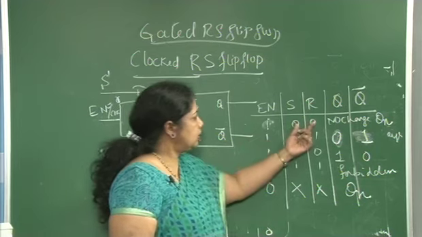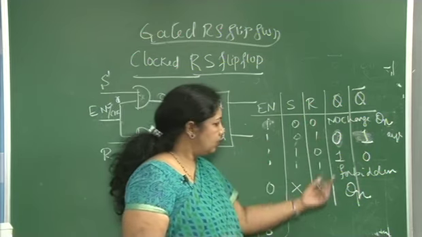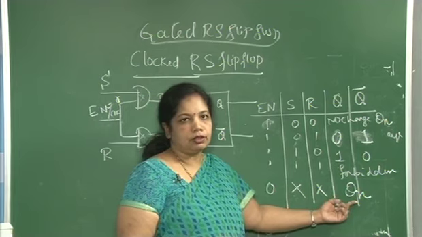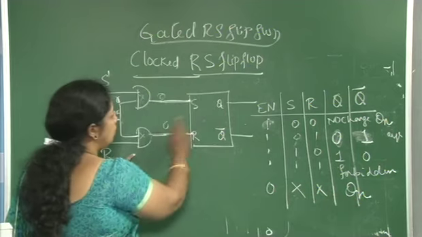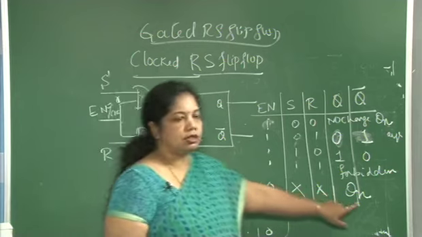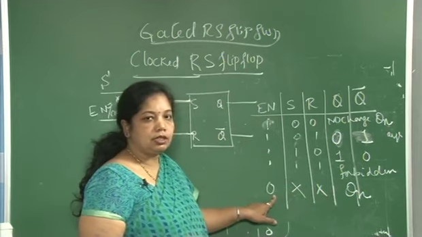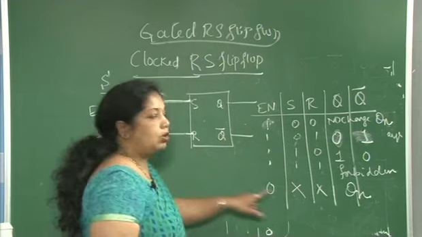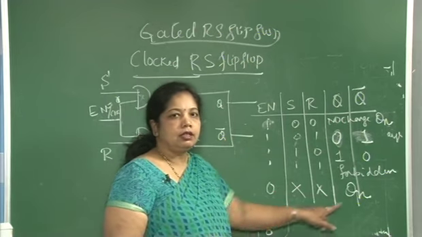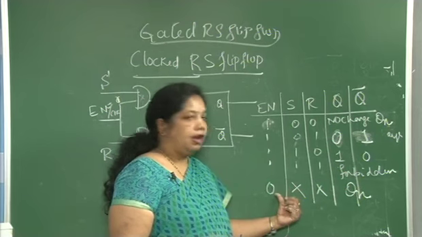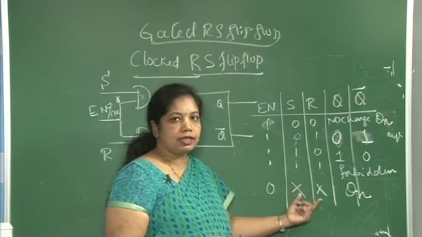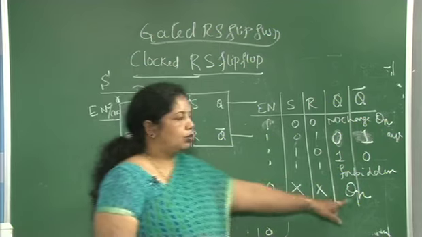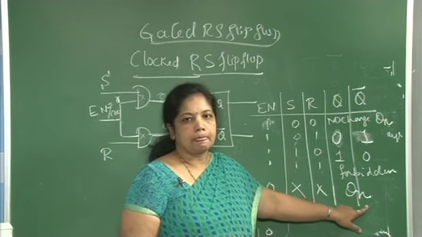When 0 0 is the input to the SR flip-flop, obviously my output has the no change condition. So whenever my enable is 0, whatever inputs you give here, since the inputs to the SR flip-flop are 0, I will get the no change condition at the output.